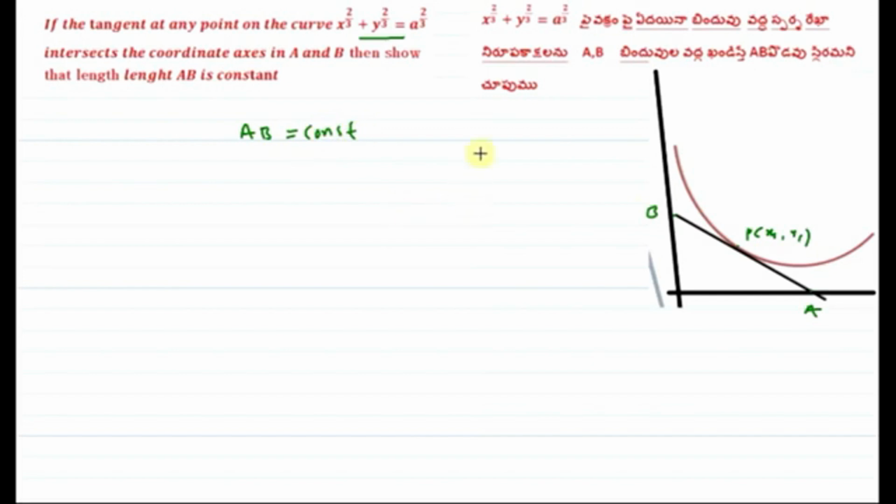So for that, first, since this point lies on the tangent as well as the curve, I will get x1 to the power of 2 by 3 plus y1 to the power of 2 by 3 is equal to a to the power of 2 by 3.